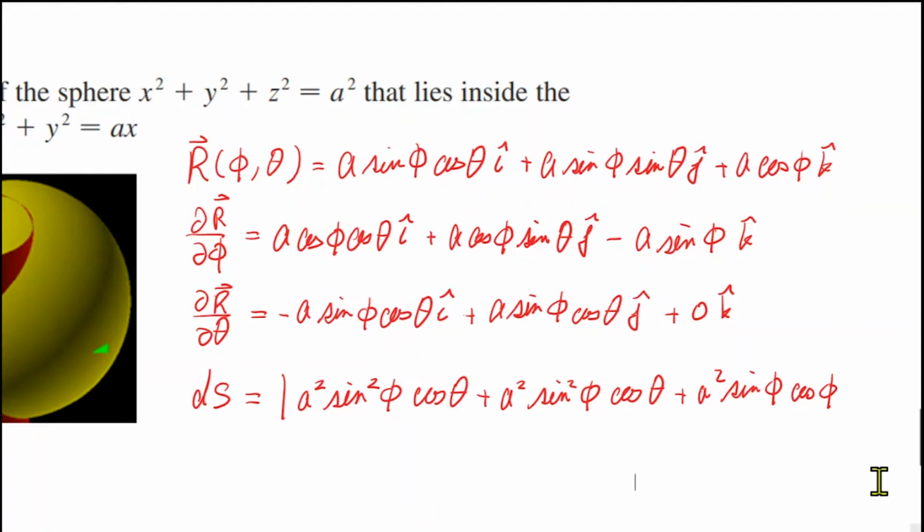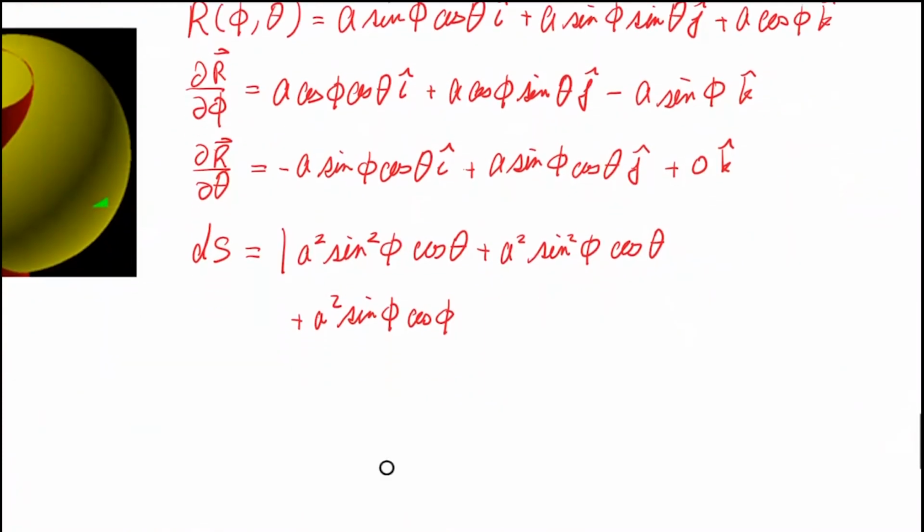I'm going to write this down at the bottom because I'm going to run out of space. Let's put it here. Sine phi cosine phi and cosine squared. Okay, plus, minus, and then we have this one, so make that plus now, and then a squared sine phi cosine theta cosine theta.